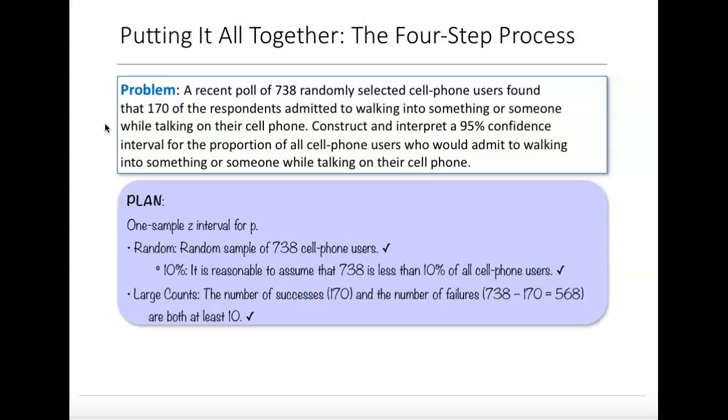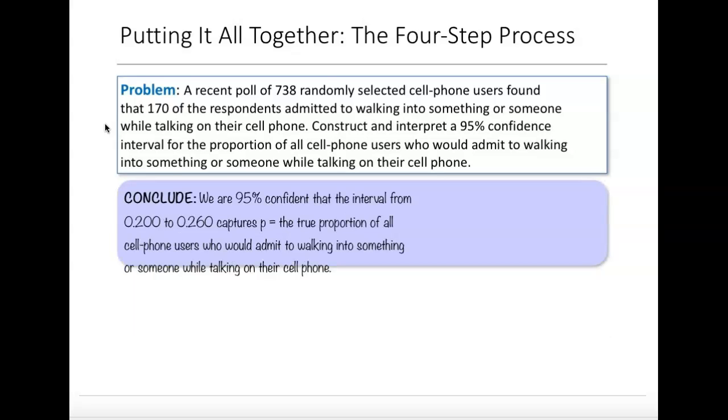Perfect. There it is on the board if you need it. We're 95% confident that the interval from 0.20 to 0.26 captures the true proportion of all cell phone users who would admit to walking into something while talking on their cell phone. Well, this is would admit to, yeah.